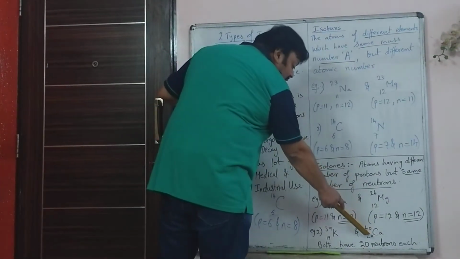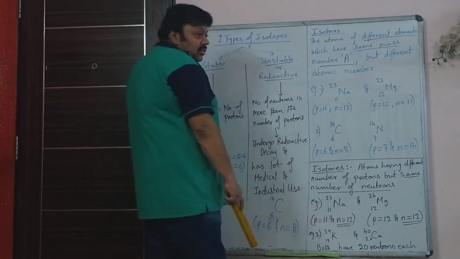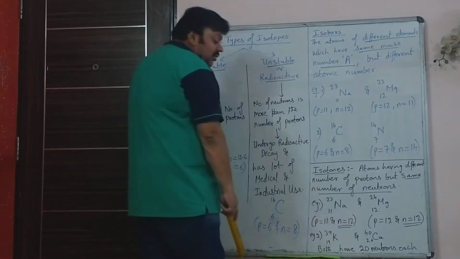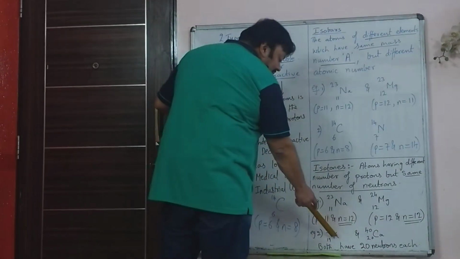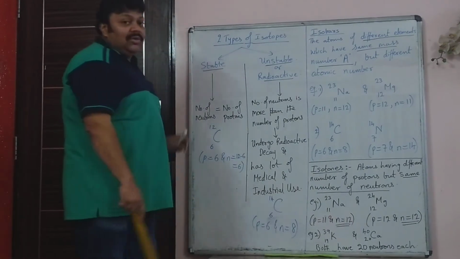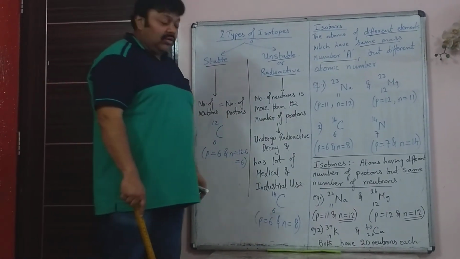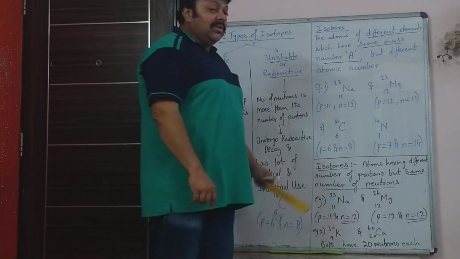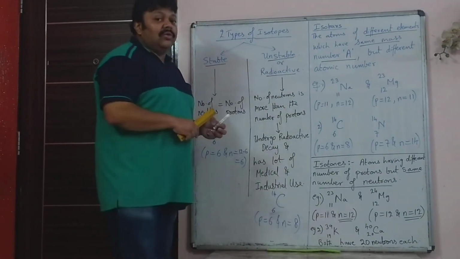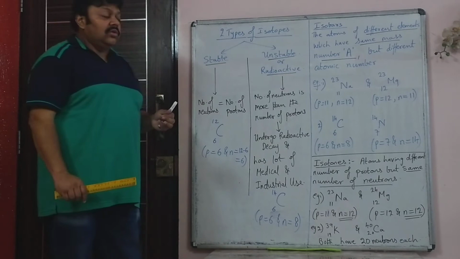And calcium-40 (atomic number 20). The number of neutrons is 40 minus 20, that is 20. So both potassium and calcium have the same number of neutrons, 20 neutrons. So that is why they will come under the heading isotones. You are supposed to know what are isotopes, isobars and isotones.